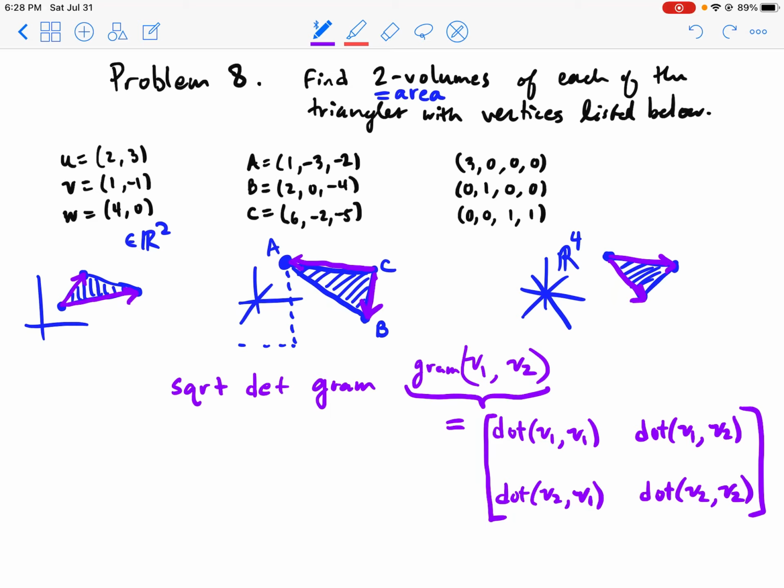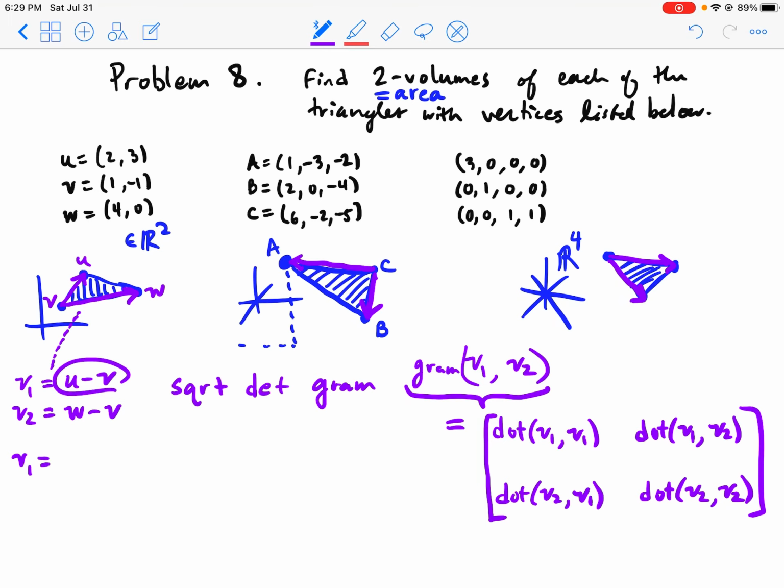So for this triangle, let's choose V1 to be U minus V, and then V2 to be, to match the drawing, W minus V. And so what's V1?